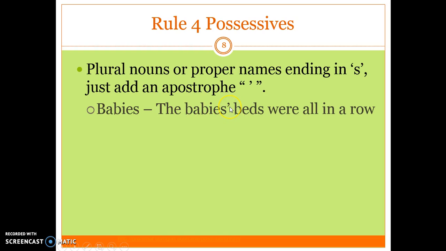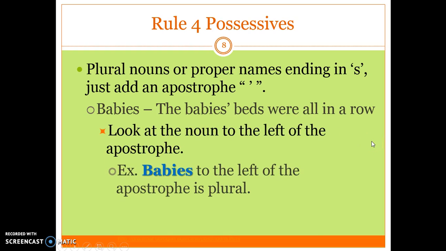It ends in the S, so we put the apostrophe here. Look at the noun to the left of the apostrophe, which is babies. Babies is plural because it is the plural form of baby, meaning one.